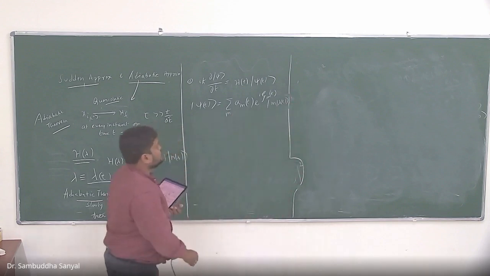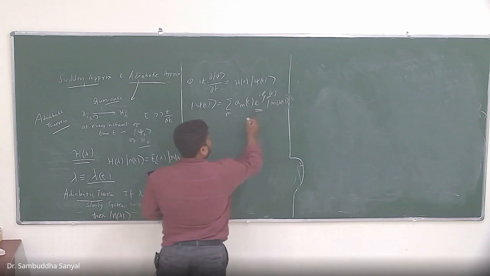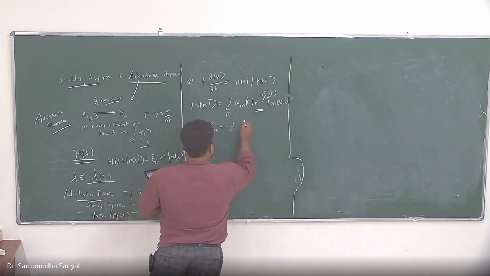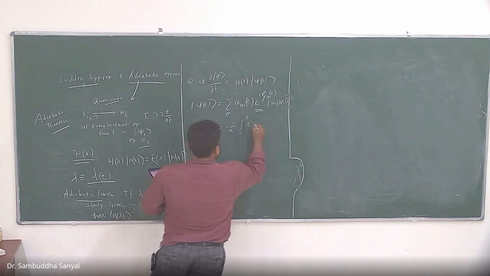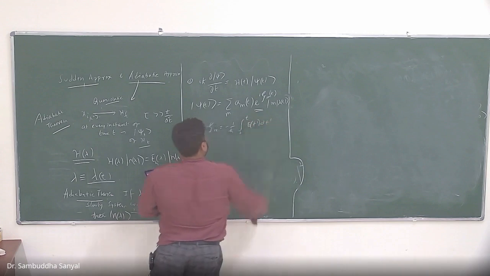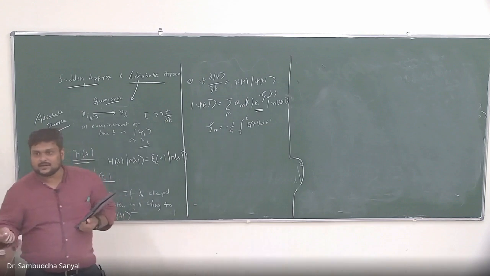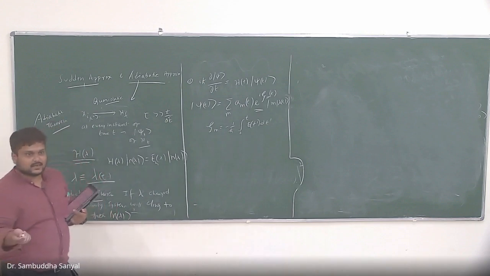Okay. This has two parts. One part is obvious: zeta_m, which is 1 by h bar, integral from 0 to t, dt prime E_m(t prime). This is basically just coming from the time evolution, right? That will always be there.